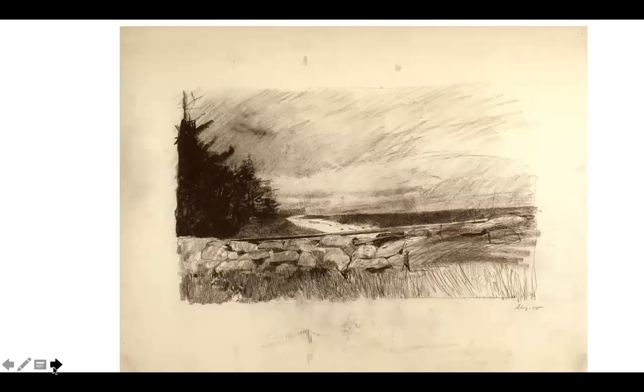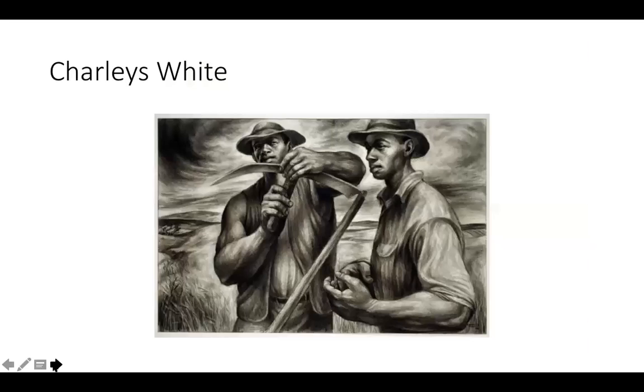Just really beautiful. Look at the landscape, just gorgeous. So this is Charlie White, an African American artist. I want to say he taught in LA, and he also was a professor in Texas. His work is very expressive. Look at the hands, they're really big, and there's a lot of movement.